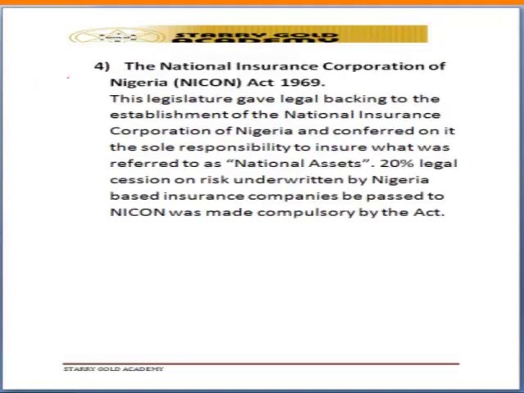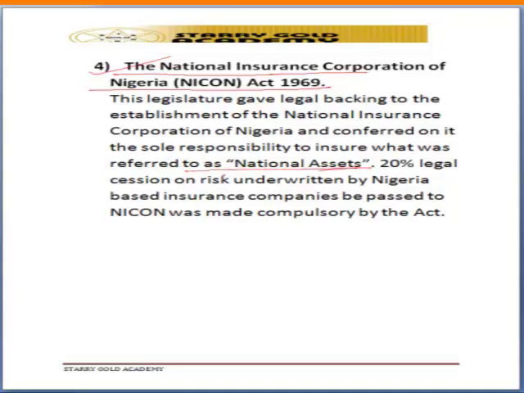The fourth one that affected insurance practice in Nigeria is the National Insurance Corporation NICON Act of 1969. This legislation gave legal backing to the establishment of NICON, National Insurance Corporation, and conferred on NICON the sole responsibility to ensure what is referred to as a national asset.